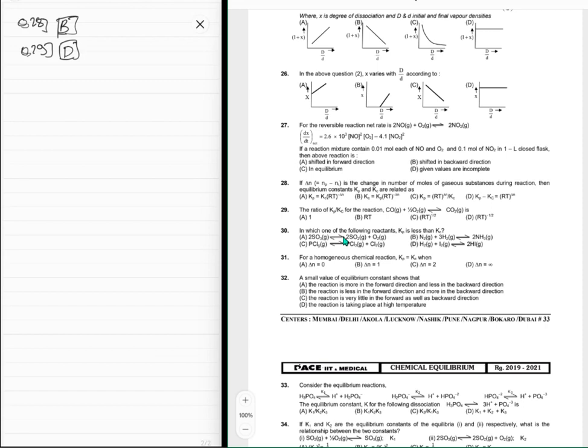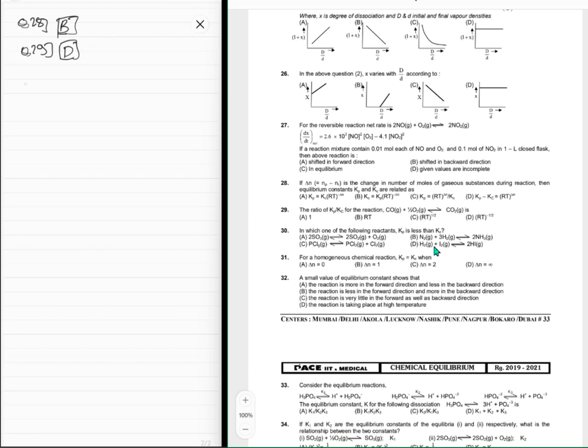So your RT to the power of delta N gaseous is less than 1. There's only one way for that to happen: your delta N gaseous should be negative. So which of these have negative delta N gaseous? 2 becomes 3, no. 1 becomes 2, no. 4 becomes 2, yes. And D is just 0. So yeah, B is the thing.